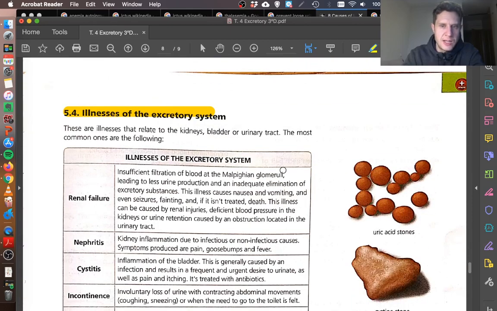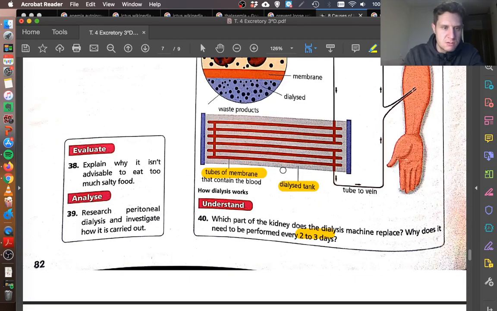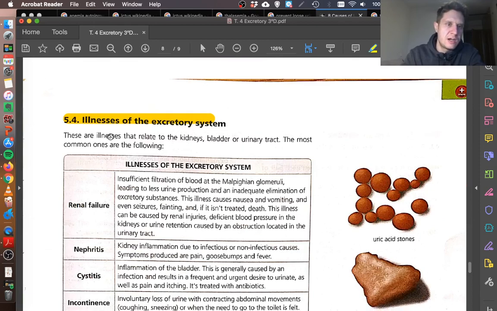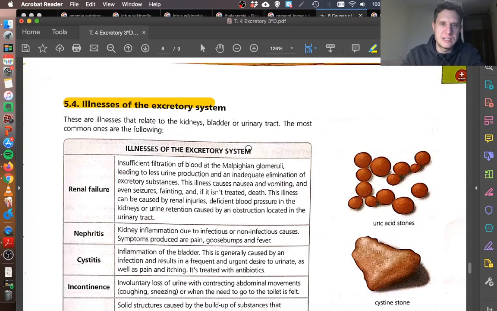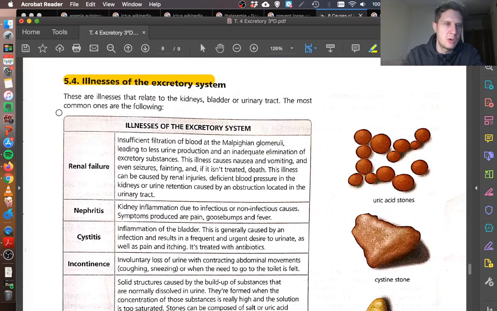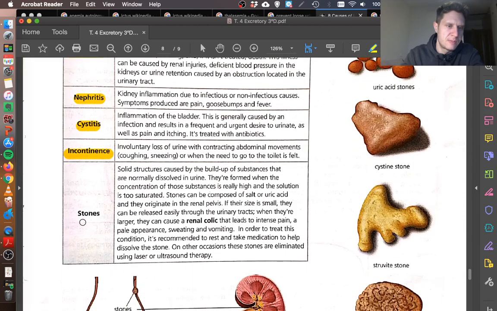Bien, hemos terminado, sí. These are illnesses that are located in the kidneys, bladder and urinary tract. The most common ones are the following: renal failure, nephritis, cystitis, incontinence, and stones.